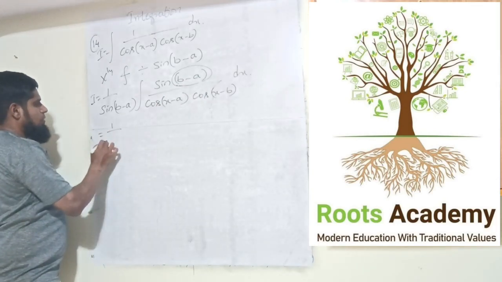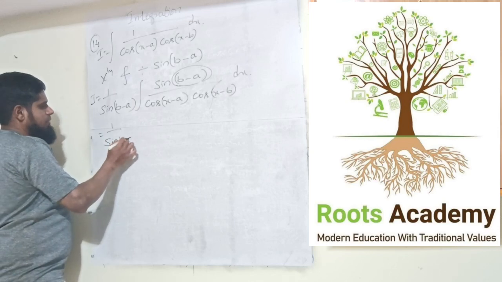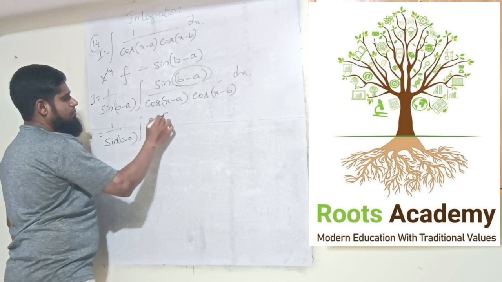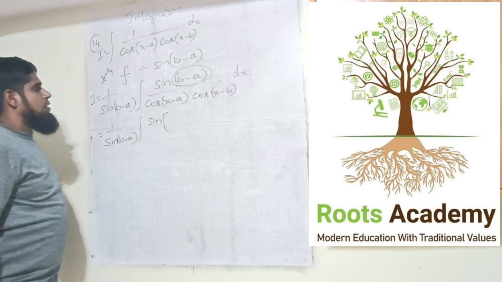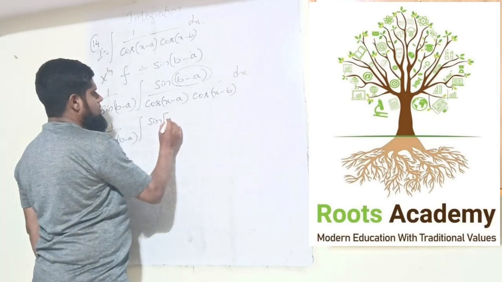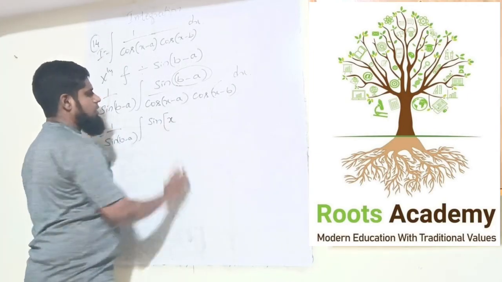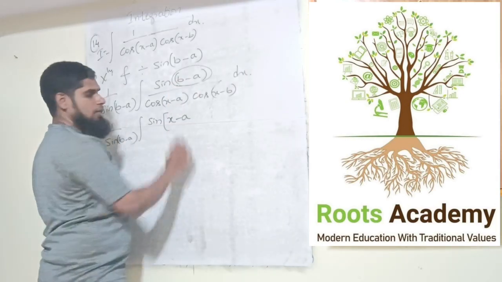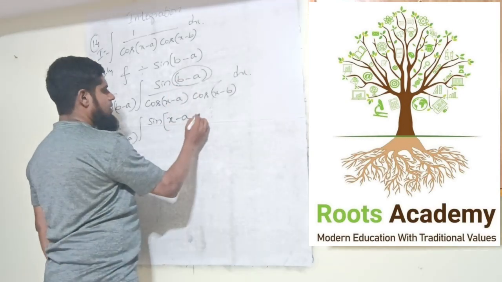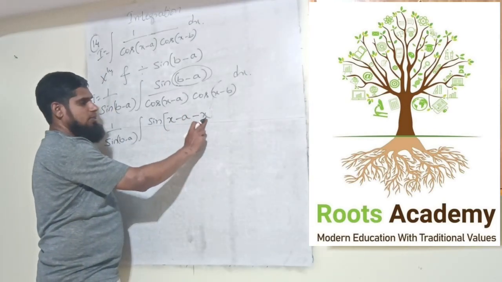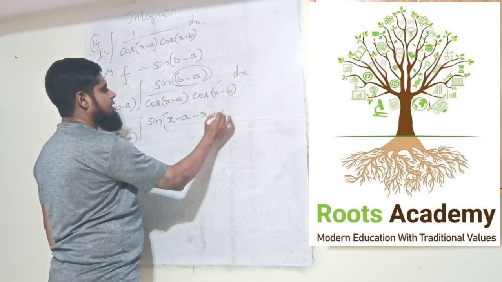So this is equal to 1 by sine b minus a as it is, integral, sine as it is, bracket, x is added, minus a is there, this minus a as it is, minus x is subtracted here, x is added here and x is subtracted, and plus b as it is.